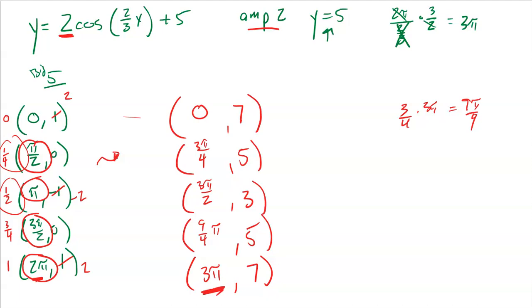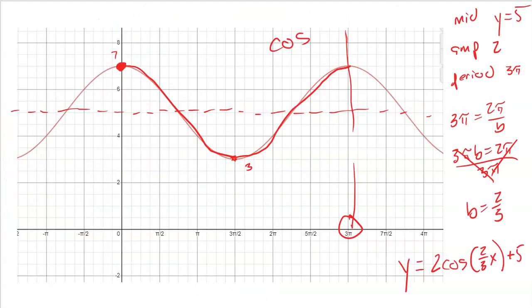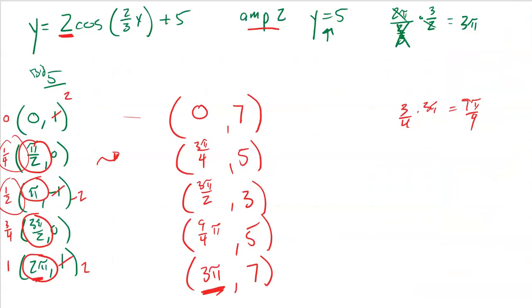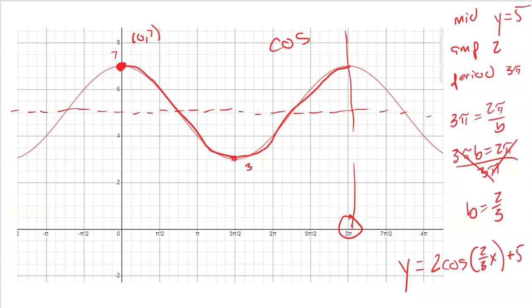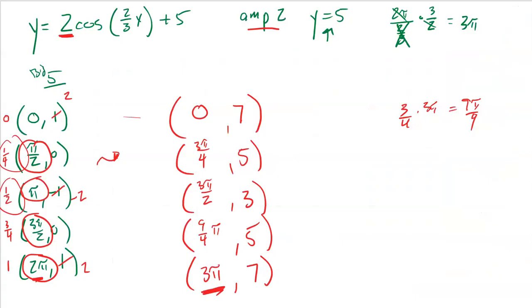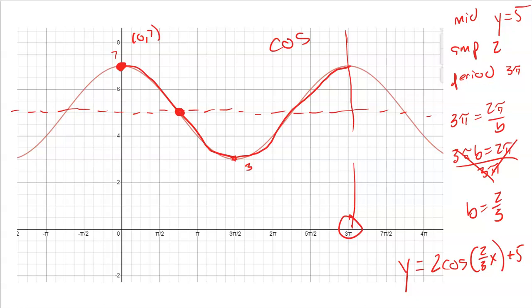And then the cool thing is now we can actually go back to that graph. Check it out. Here was that first point at 0, 7. That second point was at 3 pi over 4. That's going to happen right here, between pi over 2 and pi. So here's 3 pi over 4, comma 5. Here's 3 pi over 2, comma 3 right here.